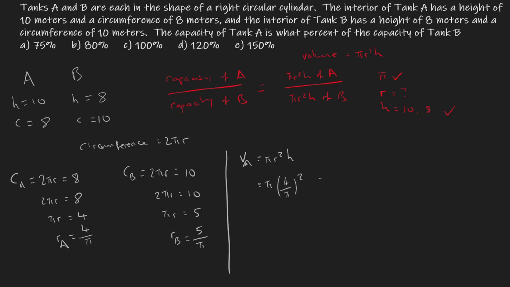In this case, h is 10. So you have pi times 16 over pi squared times 10. Quick equation solving, 16 times 10 is 160. Pi times 1 over pi squared will just be 1 over pi.